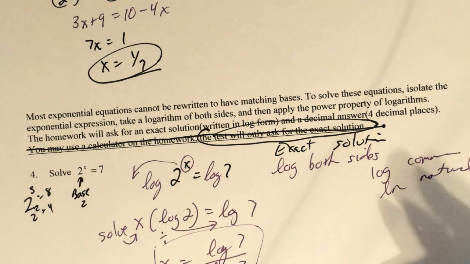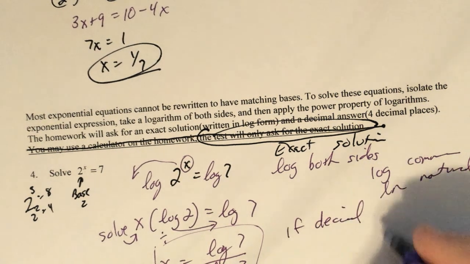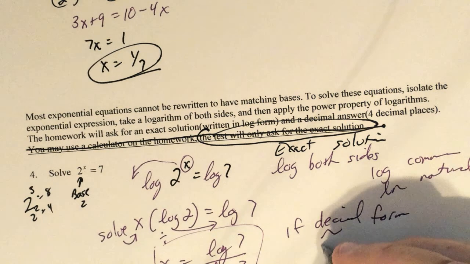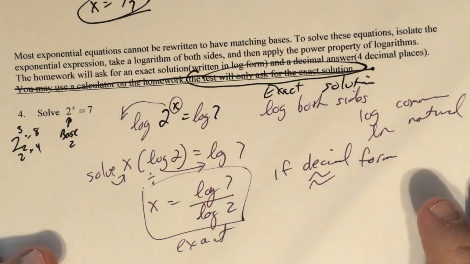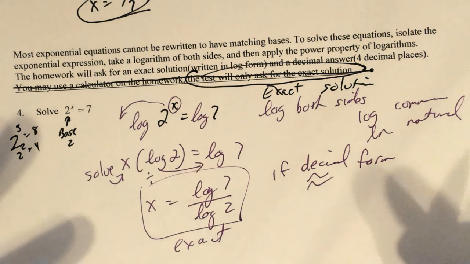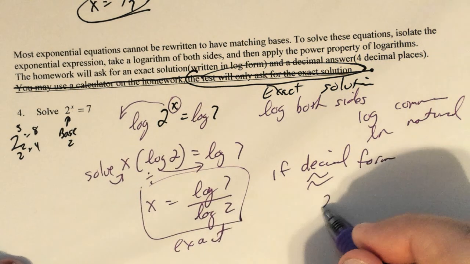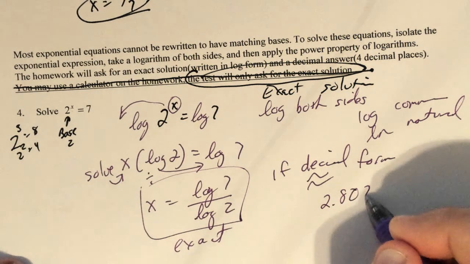If you were to put the decimal in, which would be an estimate answer, you could in your calculator put log 7 divided by log 2, and you would get 2.8074.